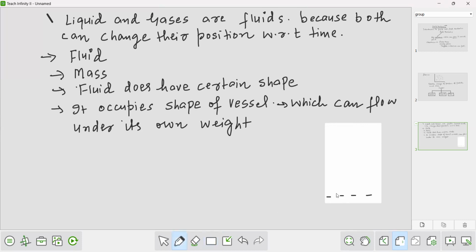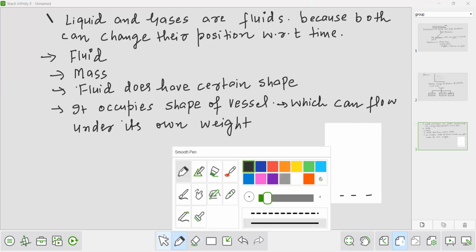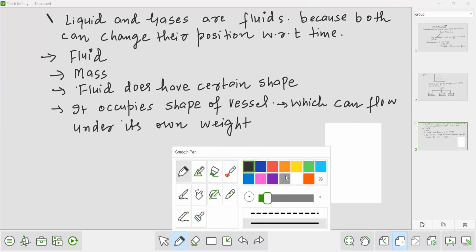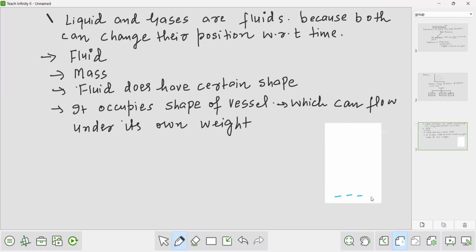This is the liquid in the glass. Definitely you will notice one thing, that the liquid will take the shape of the glass.